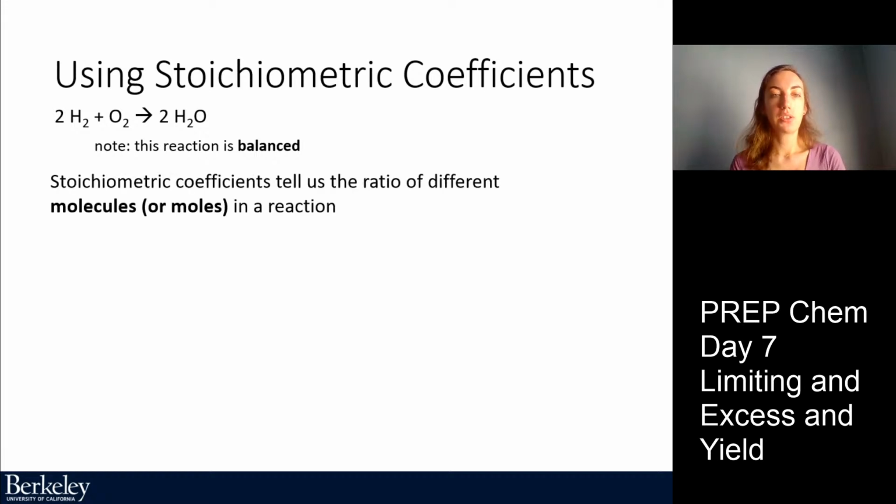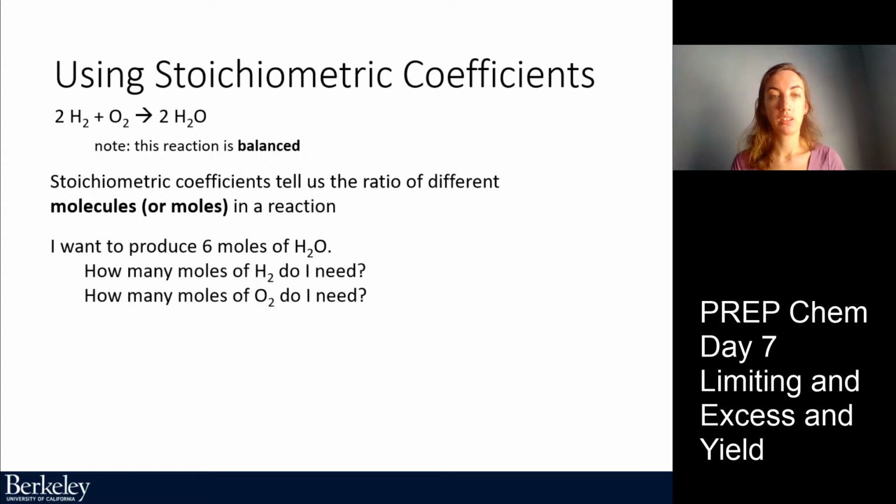So like I said earlier, stoichiometric coefficients tell us the ratio of different molecules, which we can give in units of moles in a reaction. So a really common question that I might ask is, if I want to produce 6 moles of H2O, how many moles of H2 do I need, and how many moles of O2 do I need? So you might be able to just intuitively say, well, the stoichiometric coefficient of H2O and H2 is the same, so I probably need the same number of moles of H2 as I want to make of H2O.